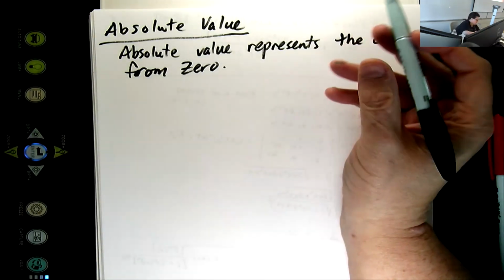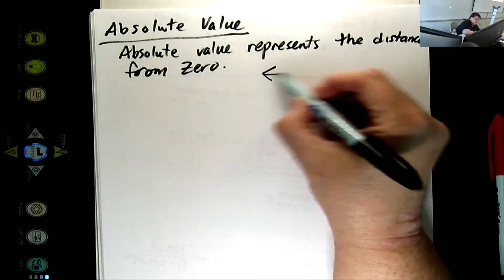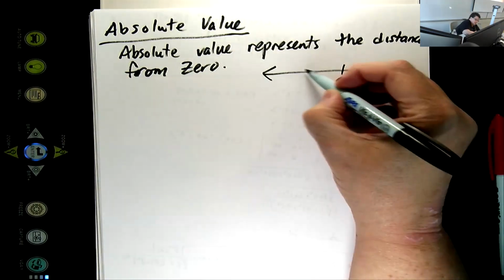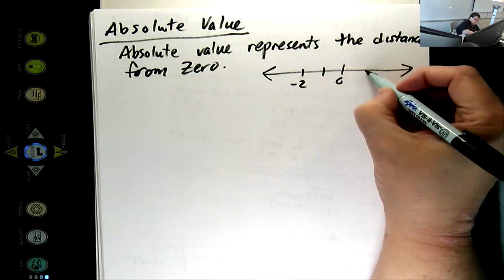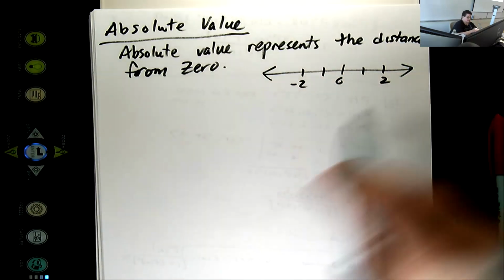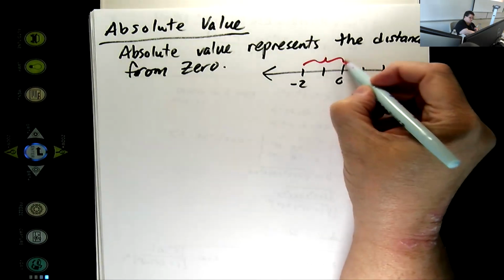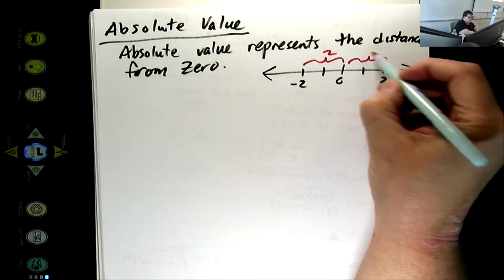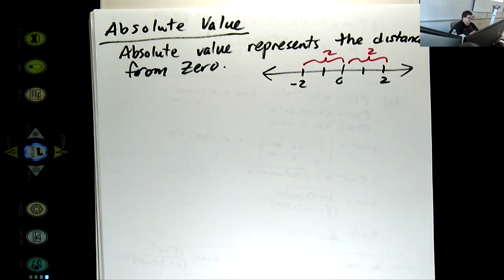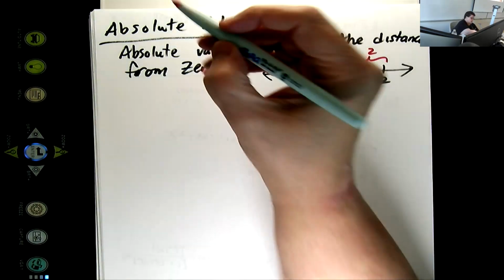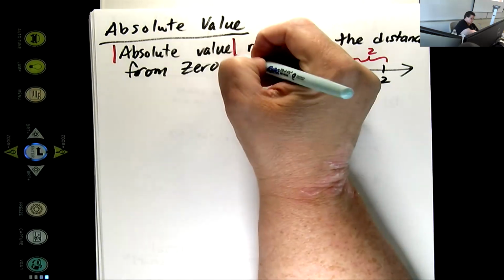All right, so we got 0 here, and now we got -2 to the left, and we got 2 to the right. Both of these have a distance of 2 from 0. And the way we show absolute value is with big vertical bars.